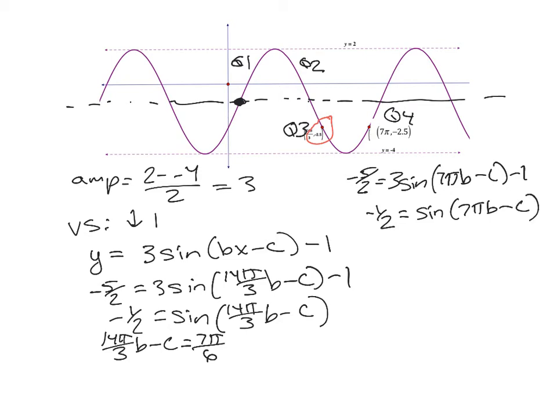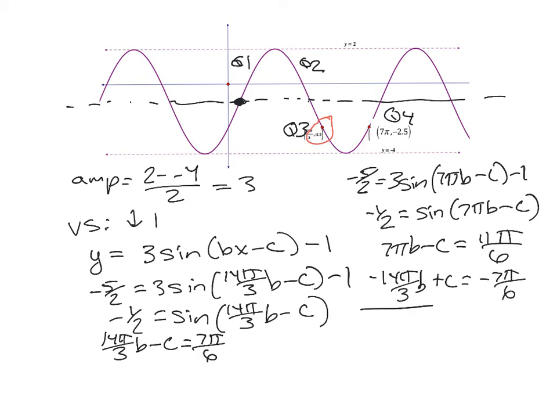Well, now I want a quadrant 4 angle when I take the sine and get negative 1/2, and that will be 11 pi over 6. Okay, so now let us subtract the other equation: minus 14 pi over 3 b plus c equals negative 7 pi over 6.